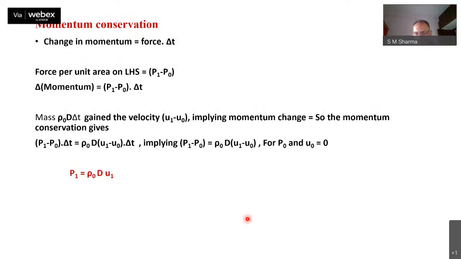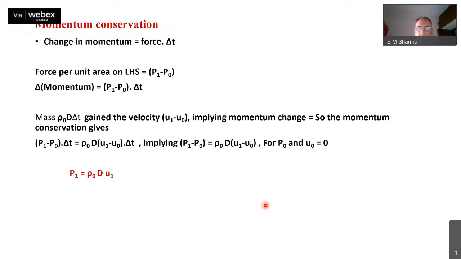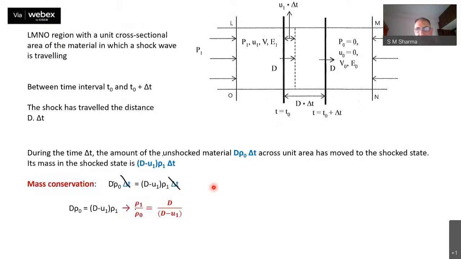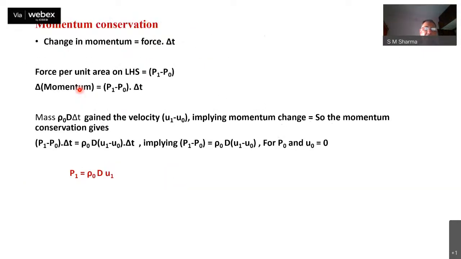Now a similar argument can be used for momentum. Remember this picture, I can't show it on all the slides. So the change in momentum across the surface is really force into time, because dp/dt is the force.